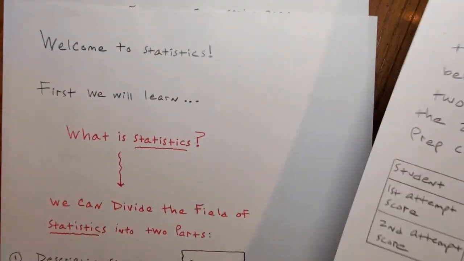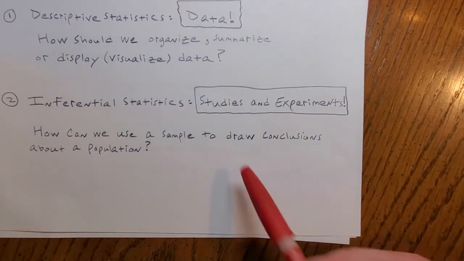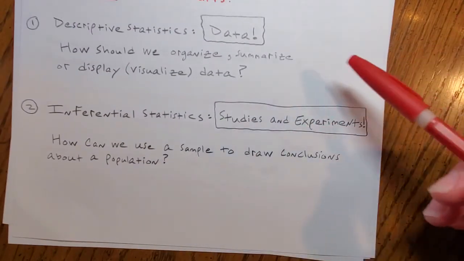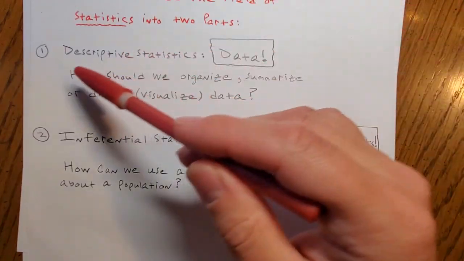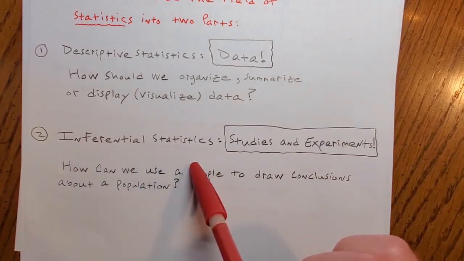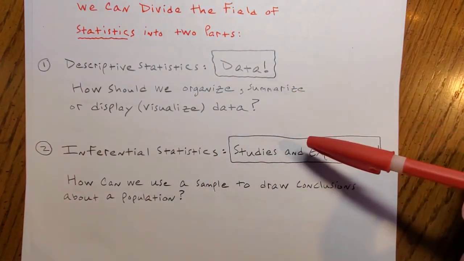It has a before and after result, and we need to study and learn ways to draw conclusions from that. Now, I guess you could say that in our class, the first half will be about descriptive statistics, and the second half will be about inferential statistics.